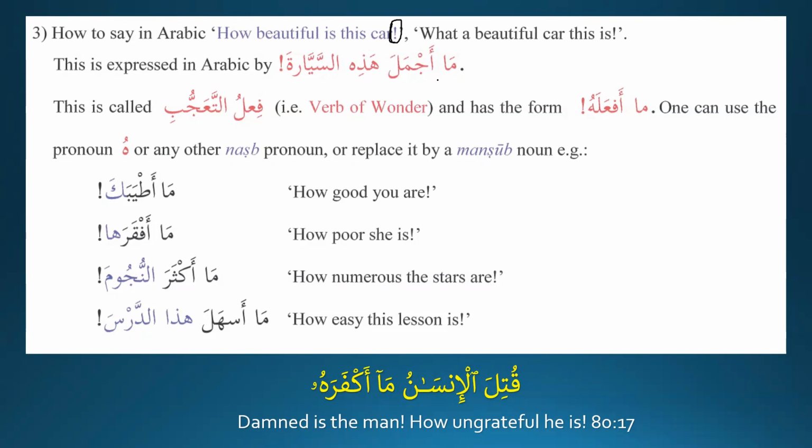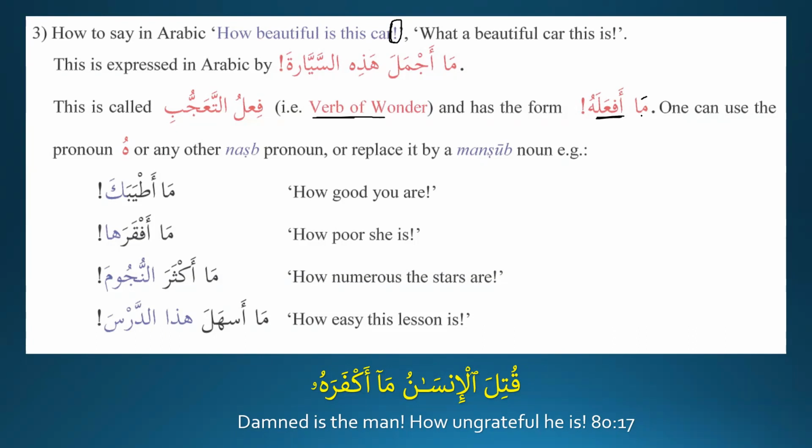The pattern is, you will say ma ajmala hadhihi sayyarata. So this is called fi'l ta'ajjub, verb of wonder or exclamation, and has the form of ma plus af'ala, ma af'ala. And after that, the noun will be mansoob.